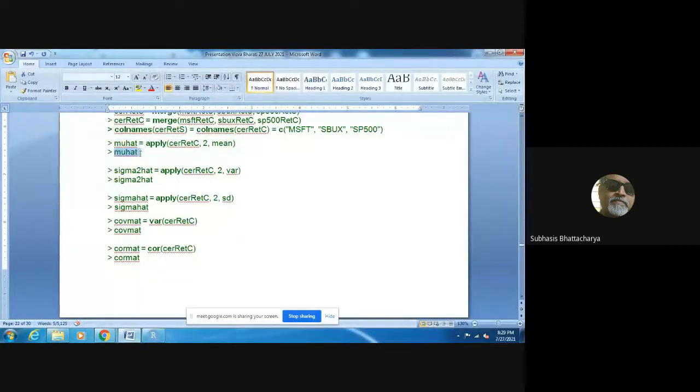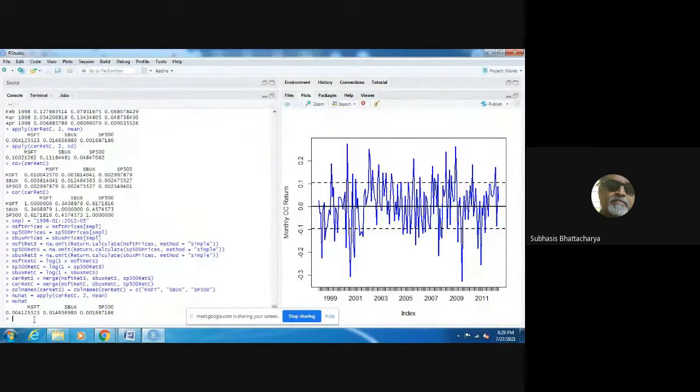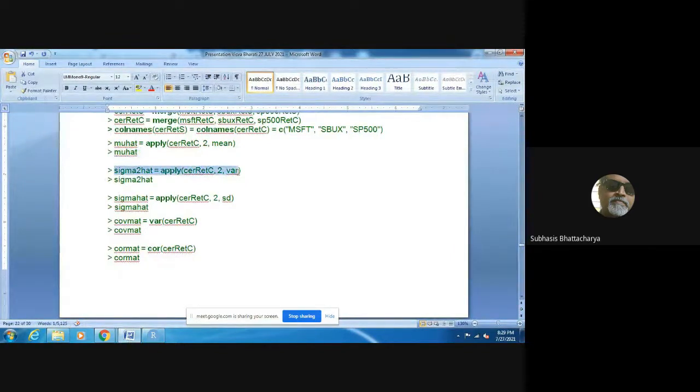In case of multivariate analysis like this, when you consider the three shares, you have to find out the portfolio mean. These are the mean values of Microsoft, Starbucks, and S&P 500, and then you can calculate the variance. That is the risk.